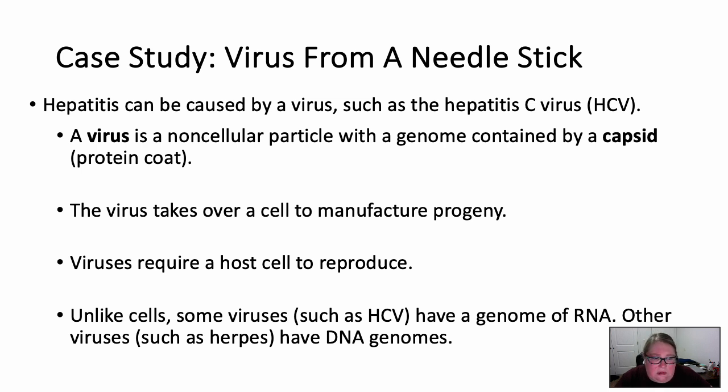Some viruses like hepatitis C have an RNA genome, which is something we don't see outside of viruses. Most living things have a DNA genome. Other viruses, like the herpes virus, do have DNA genomes. So with viruses, we can have either or.